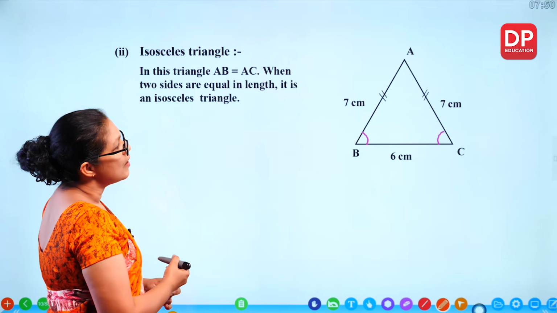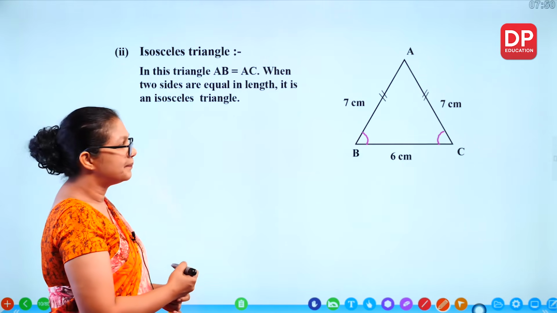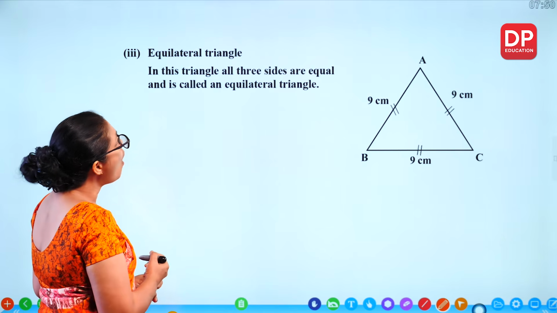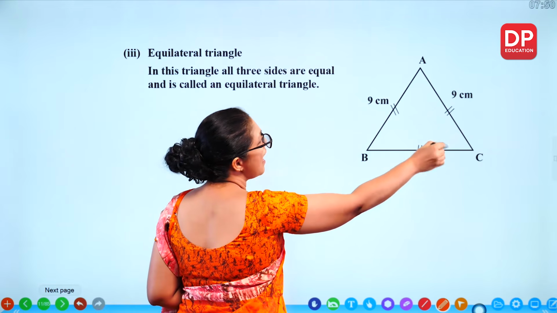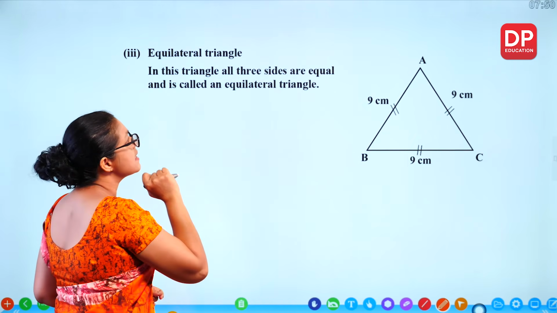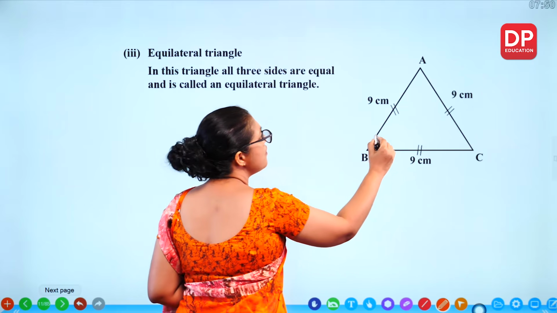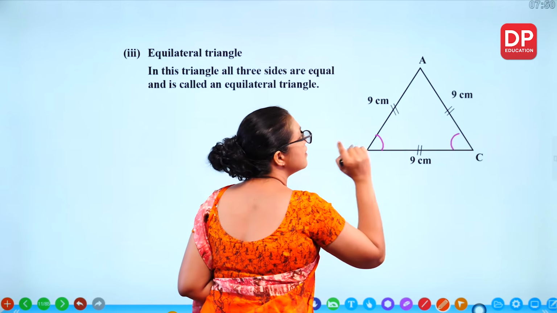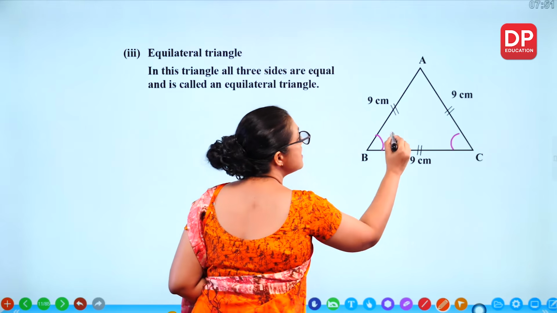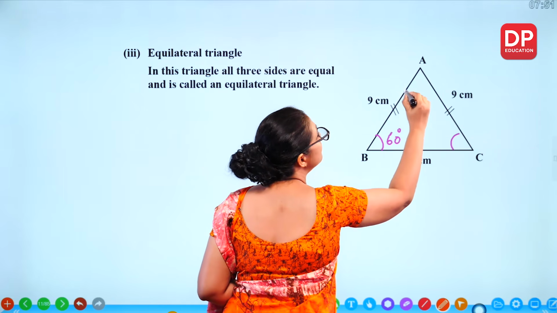So AB is equal to AC. Then the other one we call an equilateral triangle. What are equilateral triangles? All 3 sides are equal. So 9 centimeters, 9 centimeters and 9 centimeters. So what about the angles? In an equilateral triangle, each angle is 60 degrees.